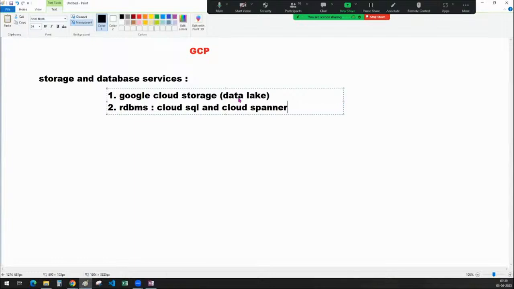Cloud SQL is a fully managed service provided by GCP for running MySQL, PostgreSQL and SQL Server engines. That means if you have an on-premises MySQL and want to migrate it to the same MySQL version in the cloud, these services are readily available. So Cloud SQL and Cloud Spanner are what we are going to see in our sessions.